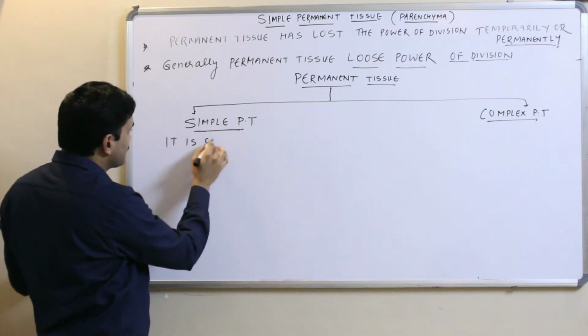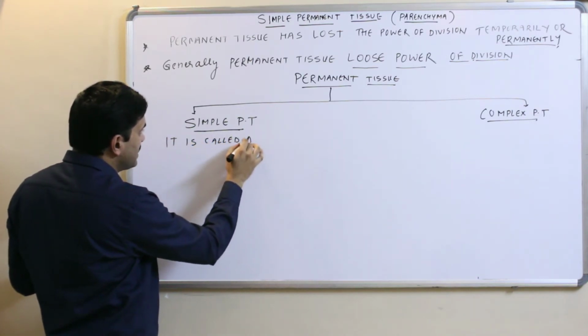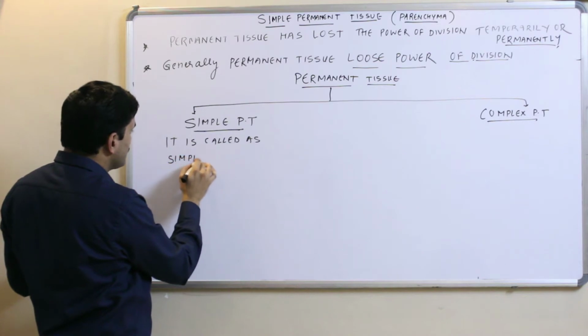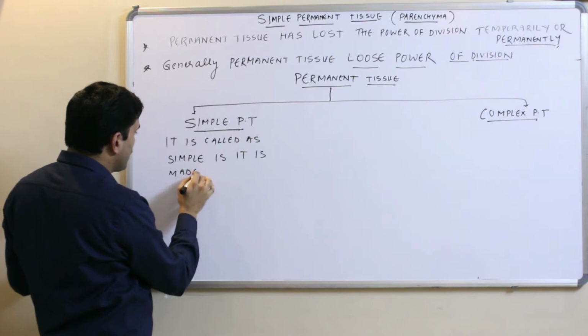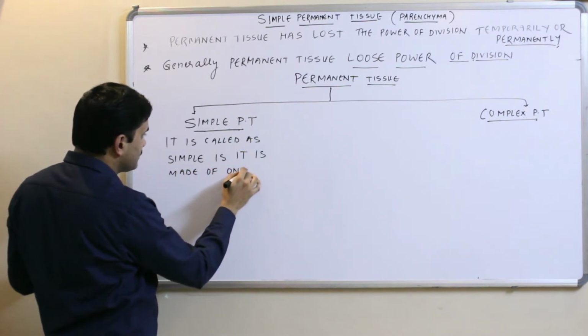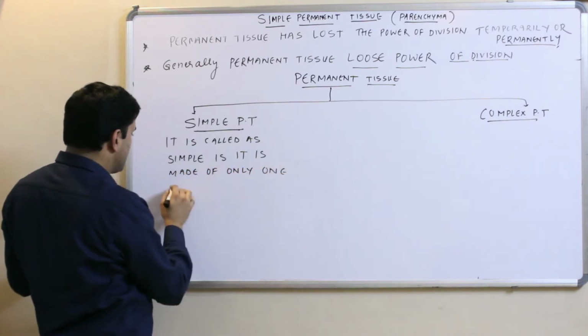It is called simple as it is made of only one type of cells.